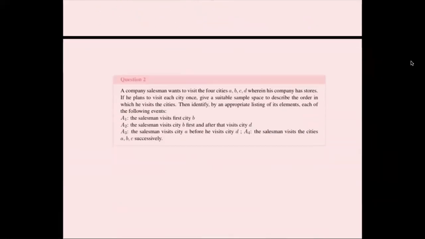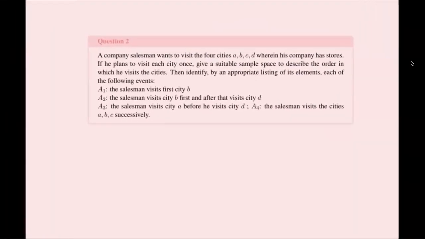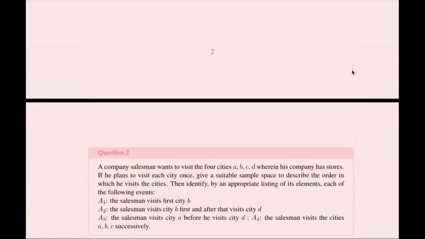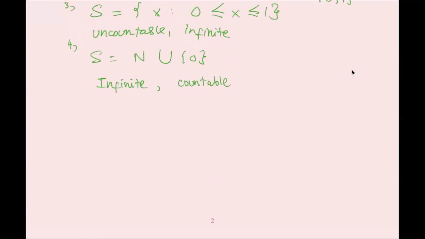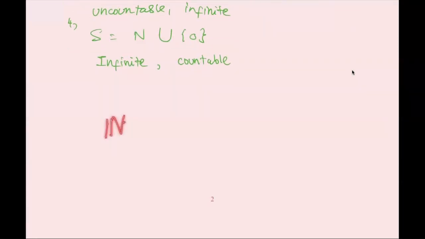If no question, I will let you work on question 2. How is it infinite? Because it is N union with one more number, right? And is N infinite?